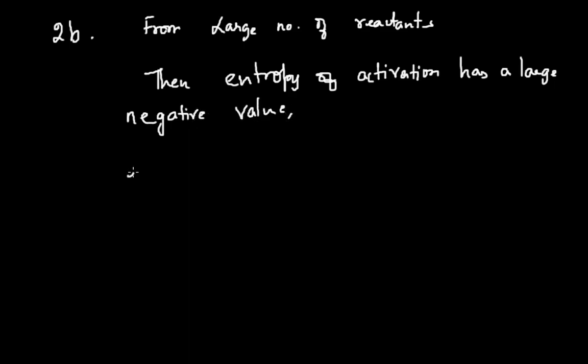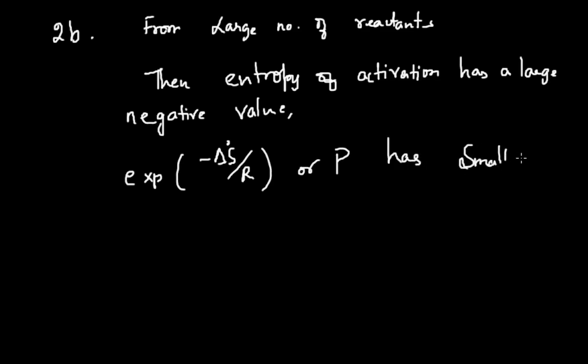And if this has a large negative value, exponential delta S by R or P has a small value. Okay, that was your second inference.